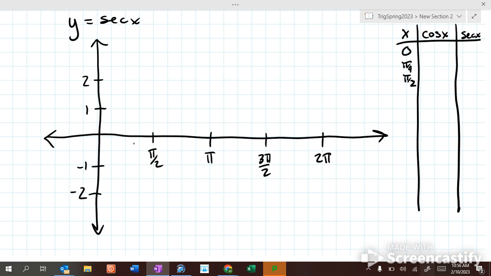So it's 0, pi over 4, pi over 2, 3 pi over 4, pi, 5 pi over 4, 3 pi over 2, 7 pi over 4, 2 pi.